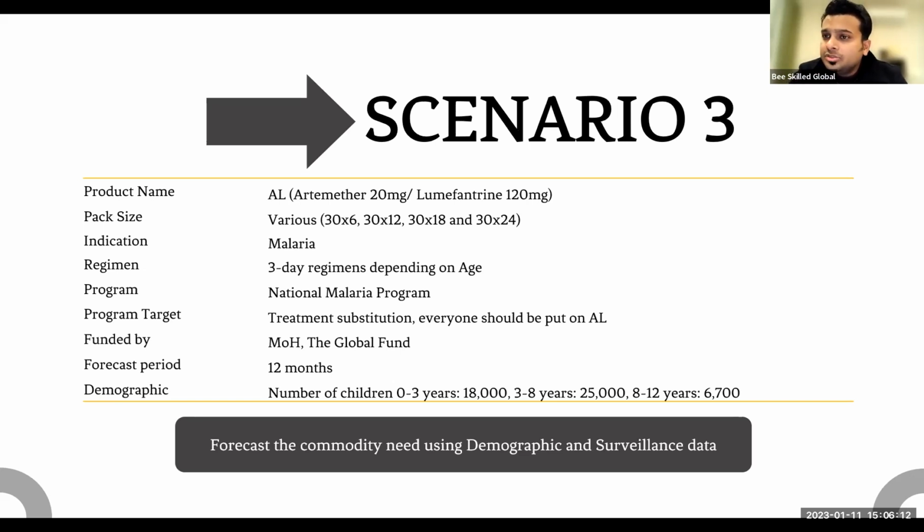So using that treatment regimen, we prepare the forecast. This is a demographic and morbidity based, or surveillance based, forecast. Demographic means we know the population data, we know how many children are there. The morbidity or surveillance data means we know the prevalence of malaria in district X.